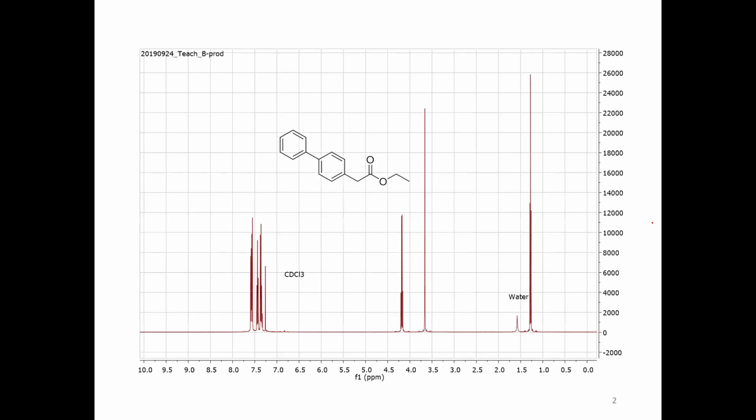What do you expect from this proton NMR? A lot of aromatics with a specific multiplicity pattern, some aliphatics also with a specific multiplicity pattern. So this is the clean spectrum. What do you see?